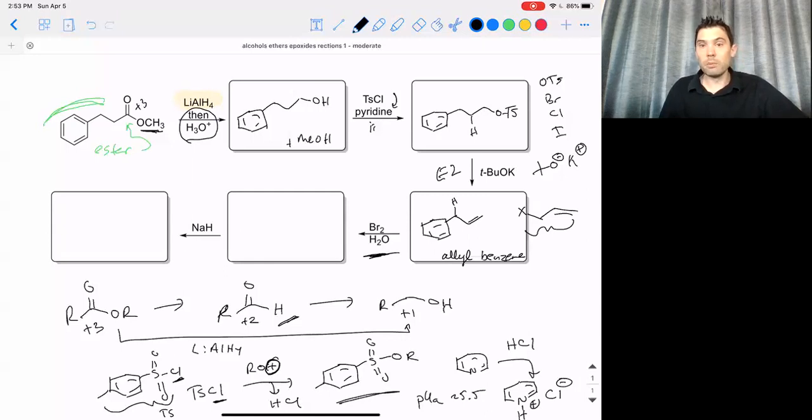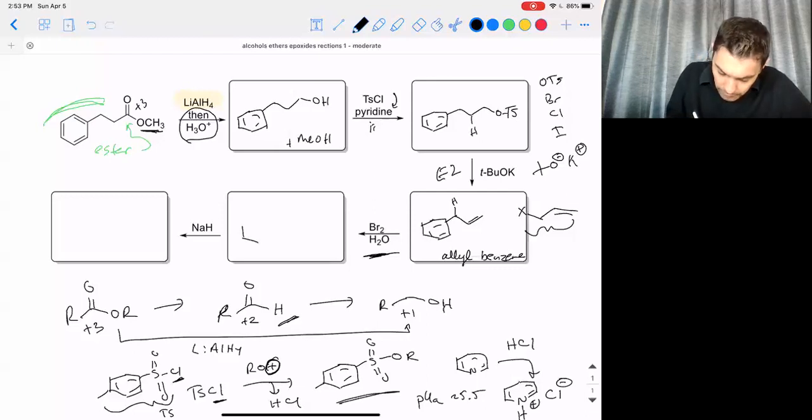That's a totally reasonable pathway, but to get into that pathway, you would either need higher temperatures, a radical initiator, or ultraviolet light. And so here the conditions are elemental bromine and water. That's an important clue that we're going to go through a bromonium ion formation and open it up with water, as in a halohydrin reaction.